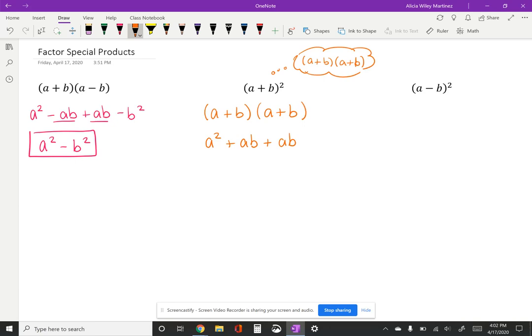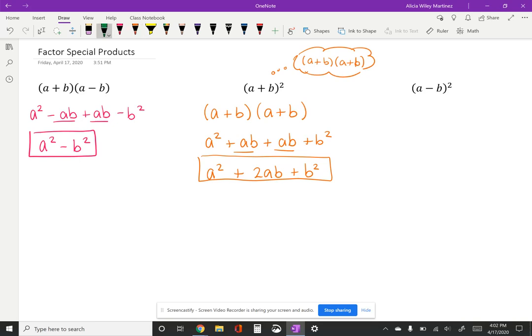So B times A is the same as A times B, and B times B is B squared. Combining my like terms, I get A squared plus 2AB plus B squared. If you have a 1AB and a 1AB, you get 2AB. So then this is your polynomial that you get.